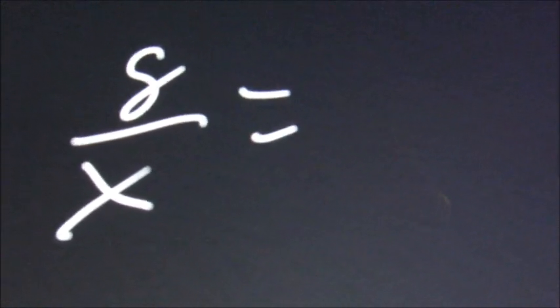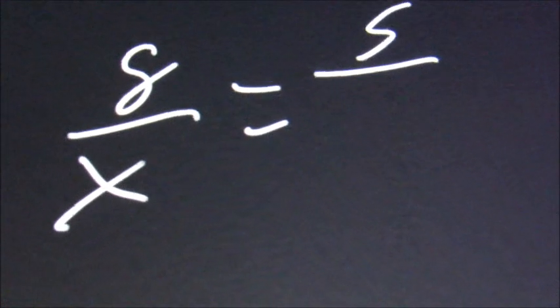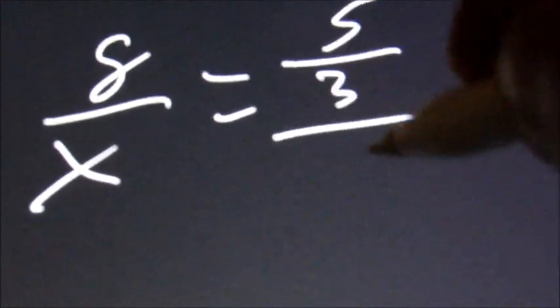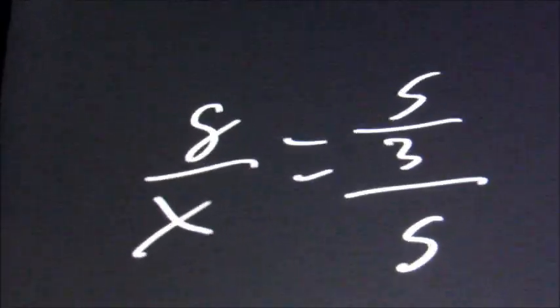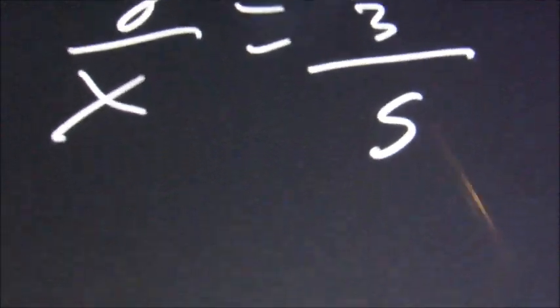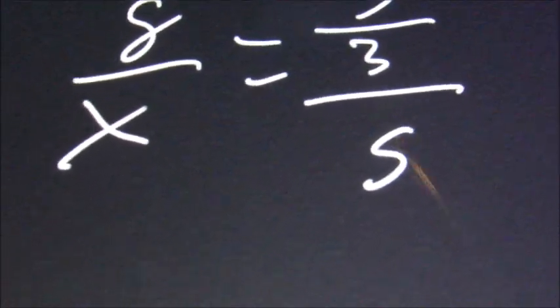So let's do some that have some fractions. Let's say that we have 8 over x equals 5 over 3 over 5. Okay, so let's just do the same that we did before. 5 times x times 5 over 3 is 5 over 3x equals 8 times 5 is 40.